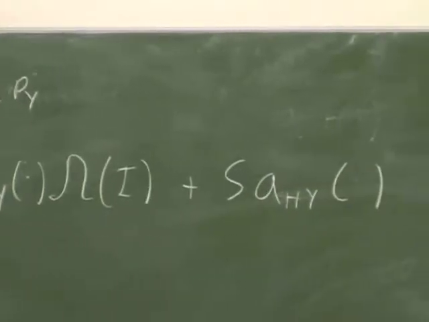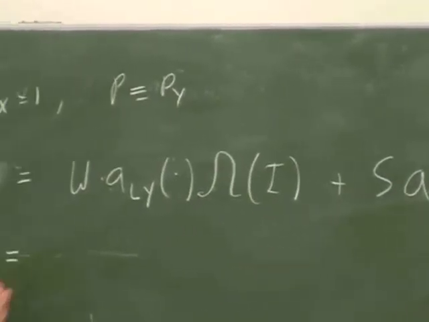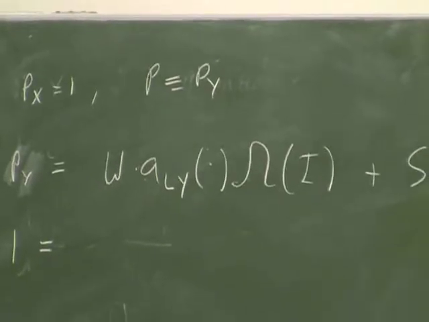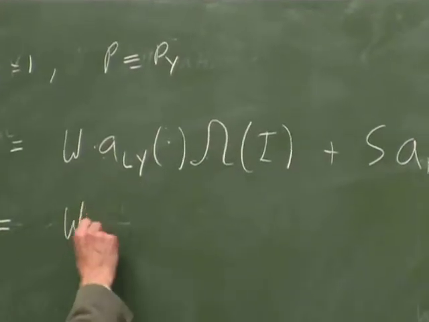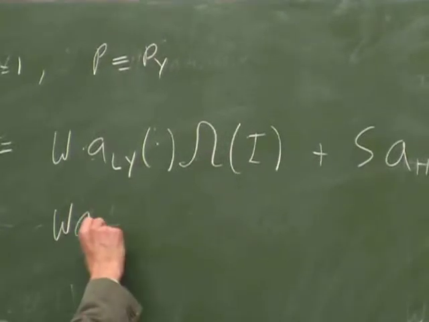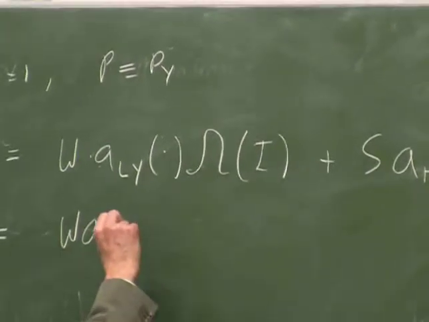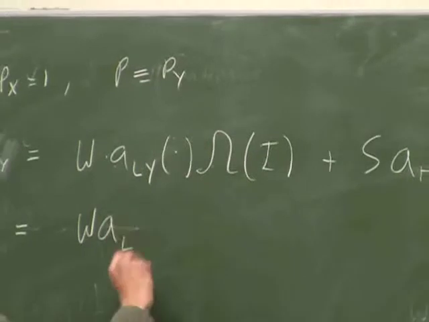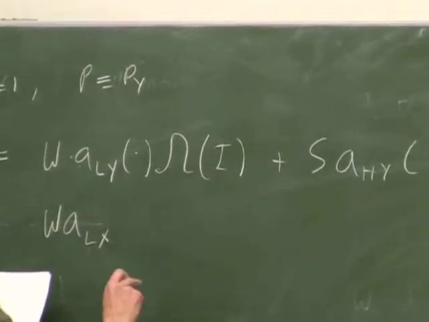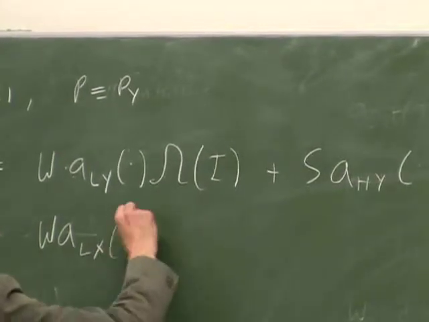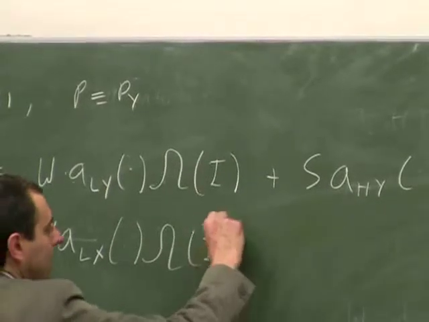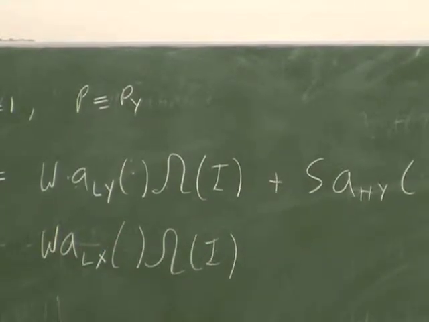Then we're going to have 1, which is the price of the X good, equal to W times A LLx times omega I. Again, both sectors are taking advantage of this offshoring.